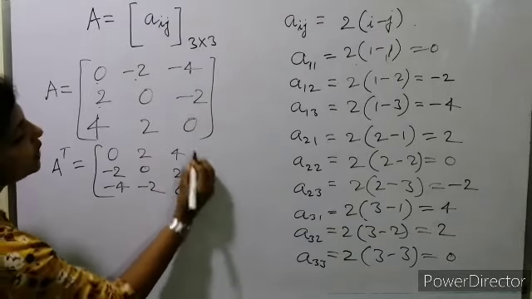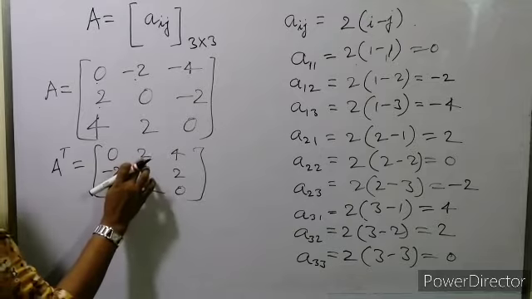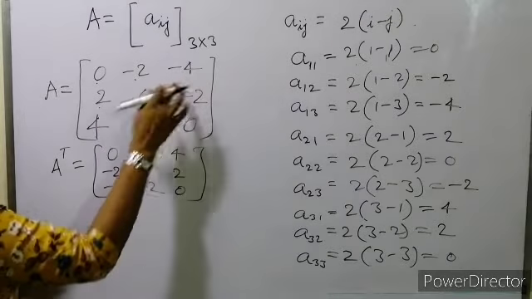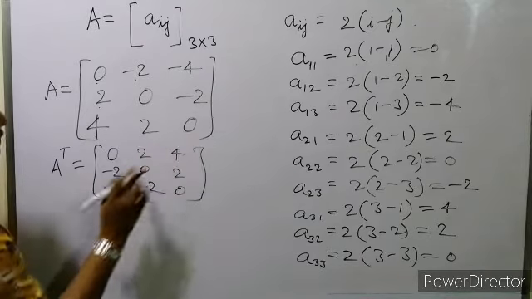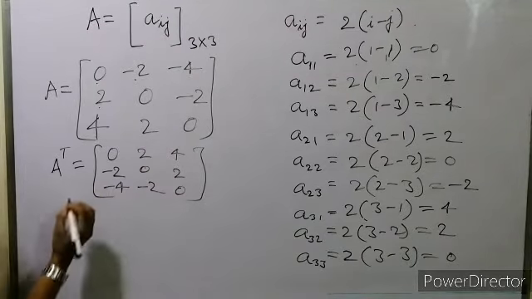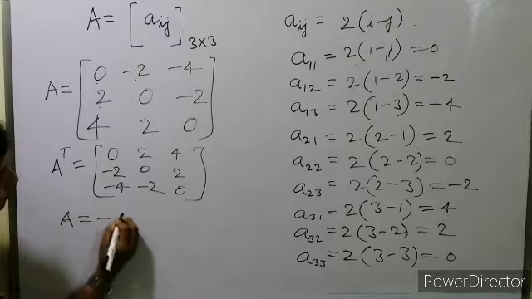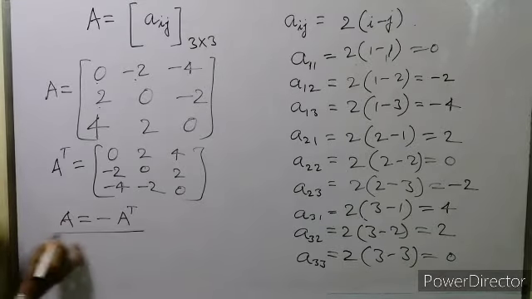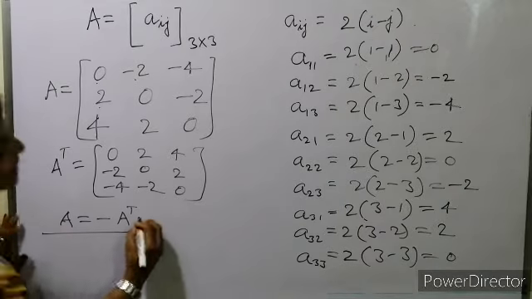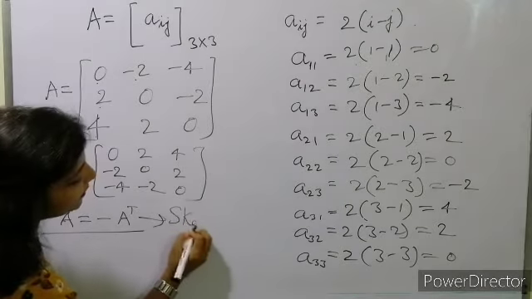Now we compare: 0 2 4 against 0 minus 2 minus 4, minus 2 0 2 against 2 0 minus 2, 4 2 0 against minus 4 minus 2 0. So clearly A is equal to minus A transpose. So this matrix is a skew symmetric matrix.